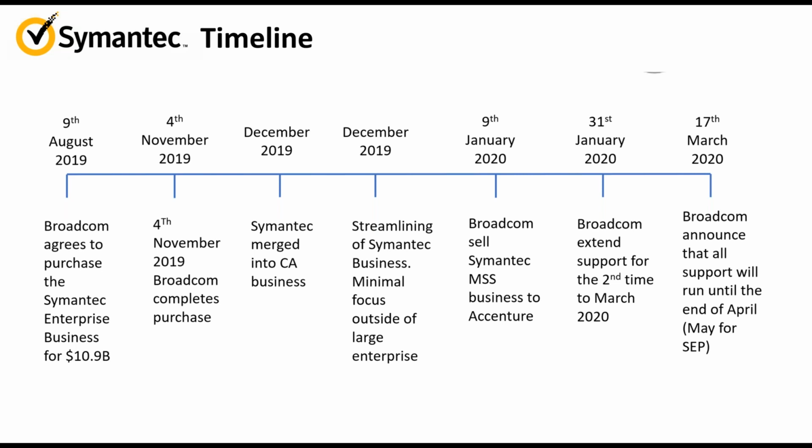So any of your contacts that you had at Symantec became part of the CA brand. You were seeing CA email addresses, and all marketing and customer-facing information was CA, which meant that you didn't see the Symantec brand anymore, or you shouldn't have seen it anymore. What this also meant was a huge streamlining of the Symantec business globally.